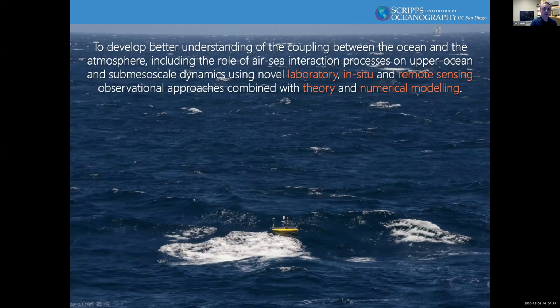All right. So our general goal in our group is to develop a better understanding of the coupling between the ocean and the atmosphere. And that includes the role of air-sea interaction processes on upper ocean and some mesoscale dynamics. To do that, we use a combination of laboratory and in situ approach combined with theory and numerical modeling.